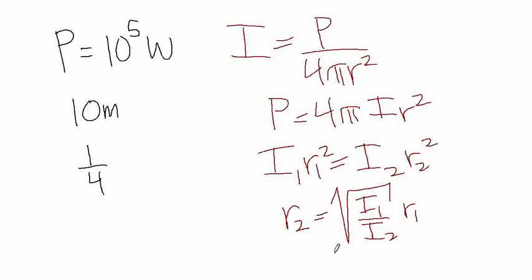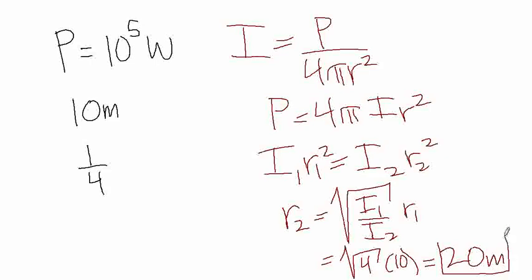So I2 is 1/4 of I1, and this simplifies to the square root of 4 times 10, or 20 meters. Because of the R squared dependence in the intensity formula, when you double your distance, the intensity gets 4 times smaller. You may or may not have expected that.